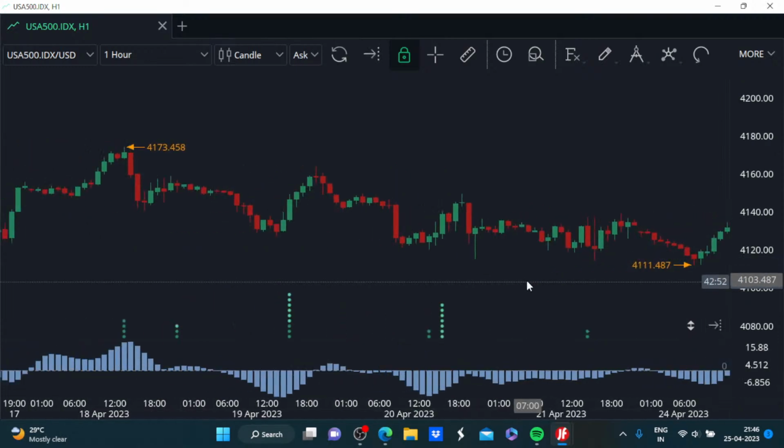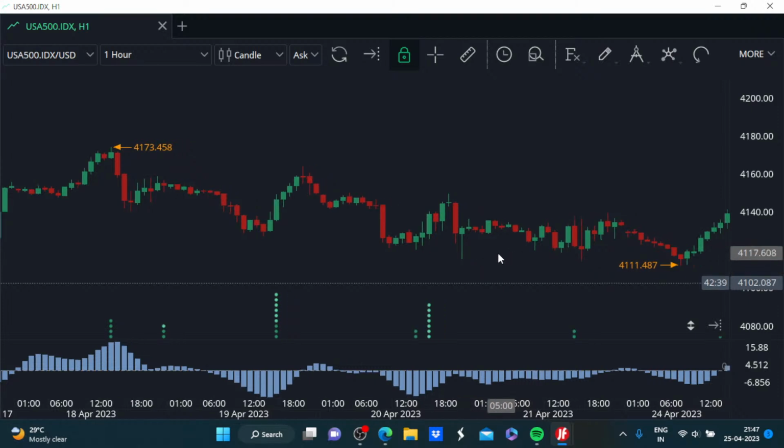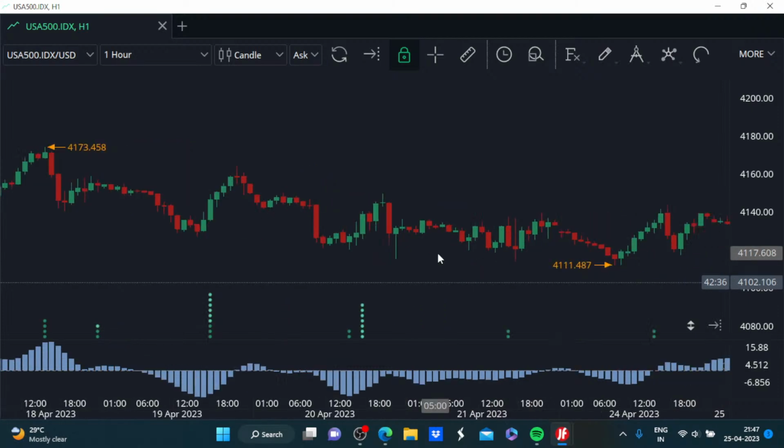You can look at these output values and see if the current dip is having a stronger momentum or a weaker momentum, and then you can make the choice whether to go for the with-the-trend trade or simply to go for a scalping trade.